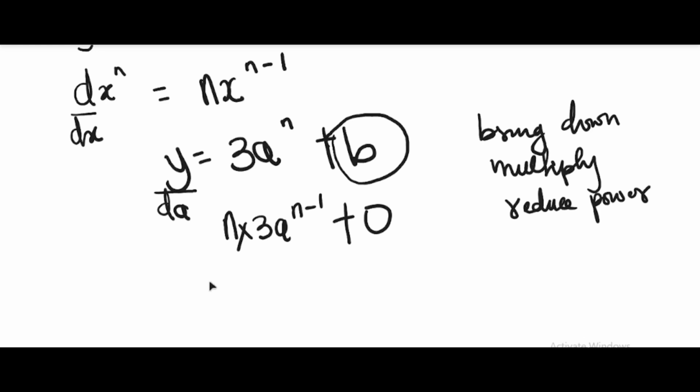So we have bring down, which we have done. The next thing says multiply. If you multiply, we'll have 3n a. Then reducing the power, we have n minus 1 plus 0. So that's our derivative of the function.